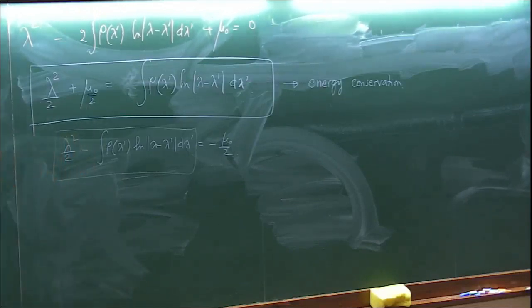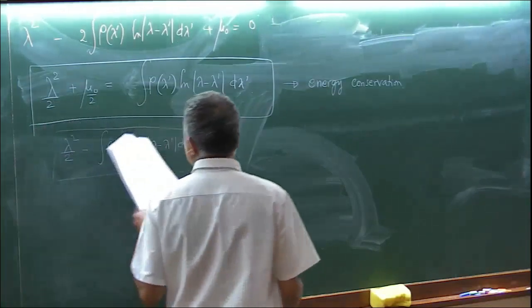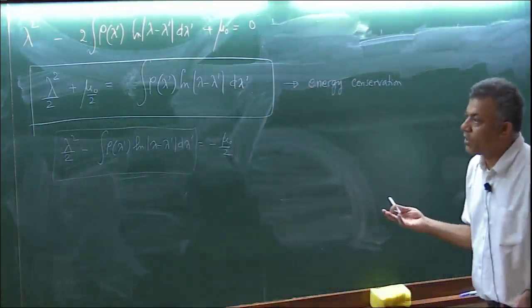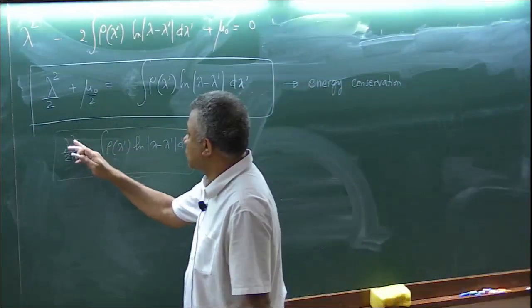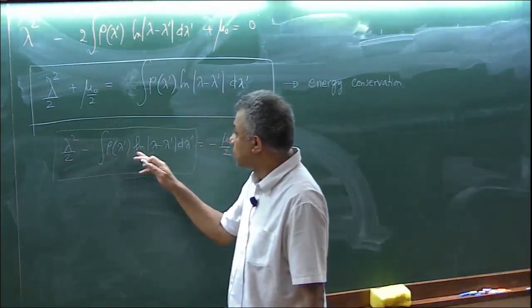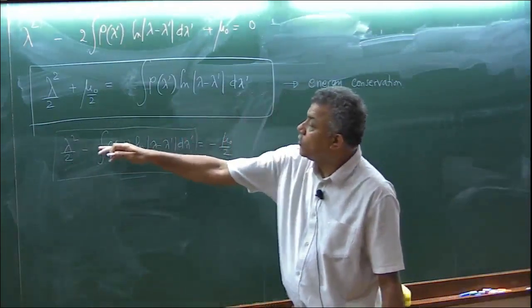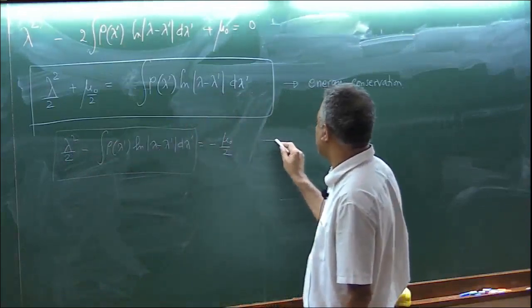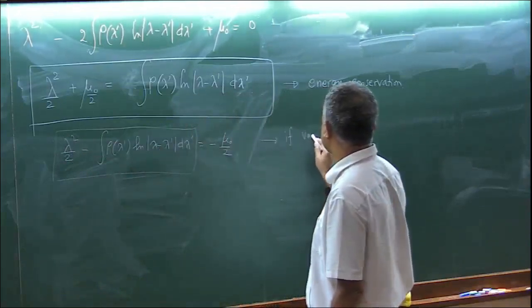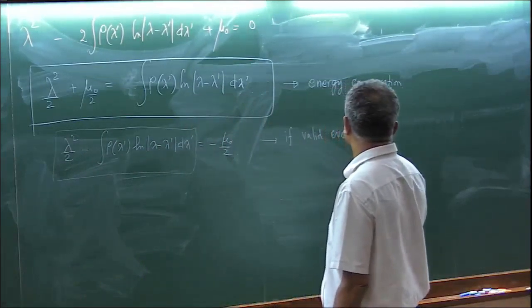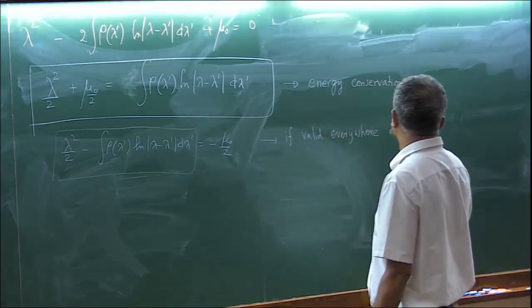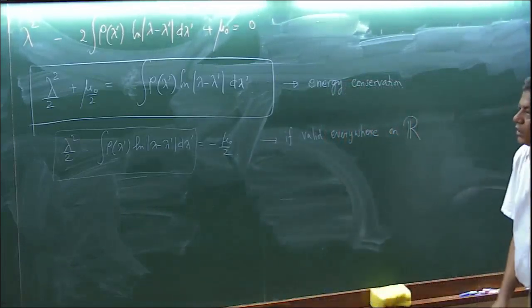The first thing you notice is this integral here. Let's look at the anticipated behavior. If I go very far away, at very large lambda, this guy goes like lambda square. If this equation is valid everywhere on the real line, then you have a problem.